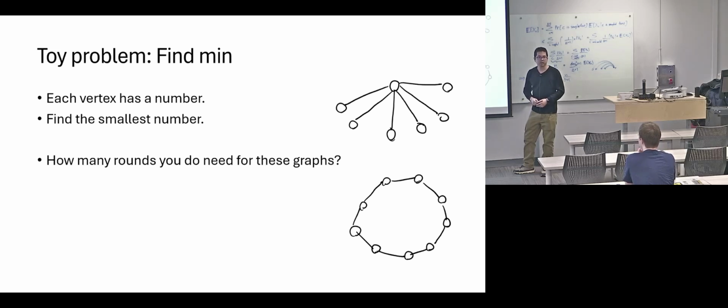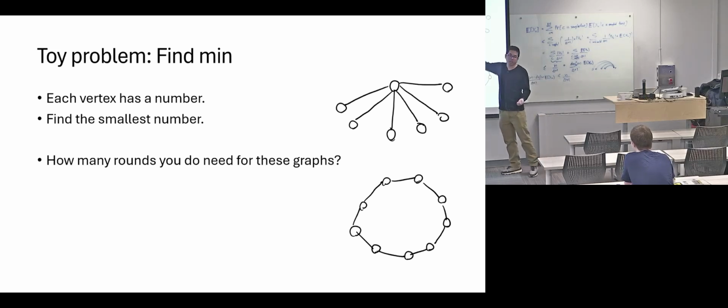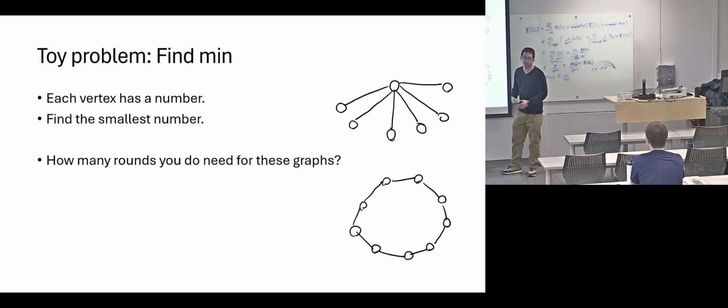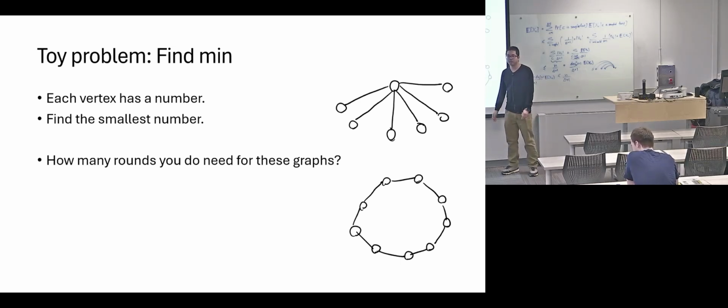Just one, because everyone sends their value to the middle node and then it computes the smallest. Yeah, everyone just sends to this node, and this node would know the smallest number. How about a cycle when there are n nodes in the cycle?